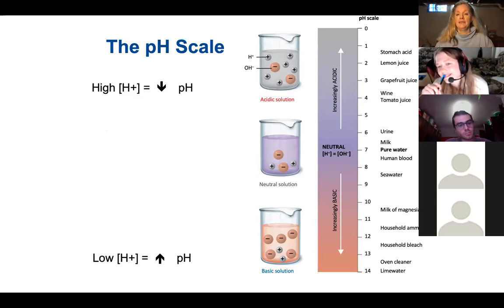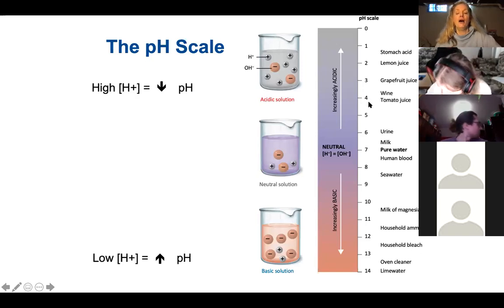From 1 to 3 will be 100. From 1 to 4 will be 1,000 times. So 4 is 1,000 times, or 10 to the 3 difference from 10 to the 1. Down here, the difference in wine or tomato juice from stomach acid.